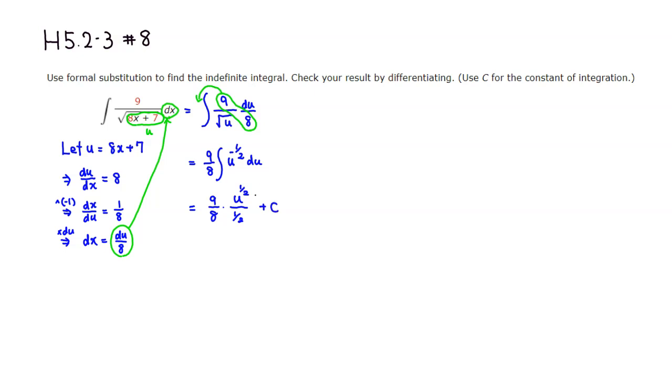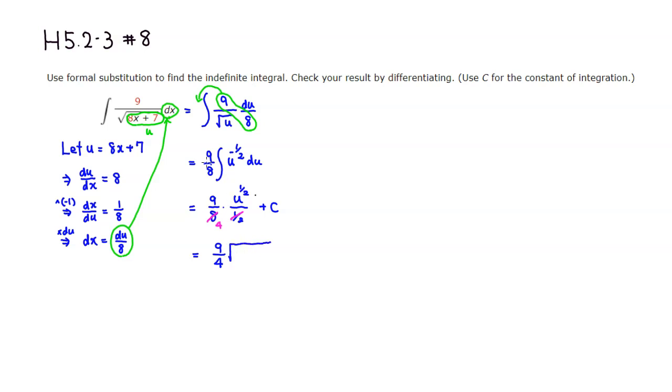Then we can do a little bit of cleaning up here. 8 times 1/2 leaves you 4 on the bottom, so we have a 9 over 4. Then this is going to be the square root of u, since the 1/2 power is a square root.